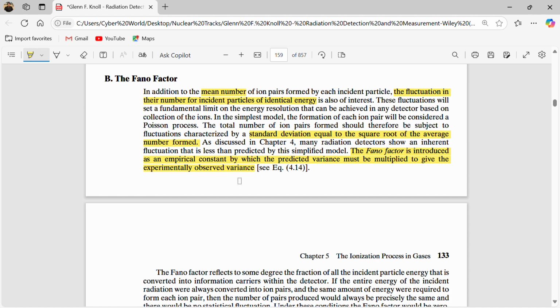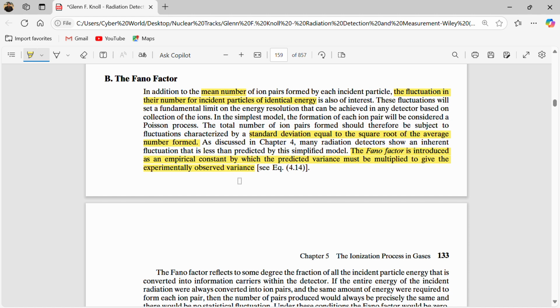The Fano factor is introduced as an empirical constant because this is a factor, so it has no unit, meaning it is a constant factor. So the Fano factor is an empirical constant by which the predicted variance must be multiplied to give the experimentally observed variance.